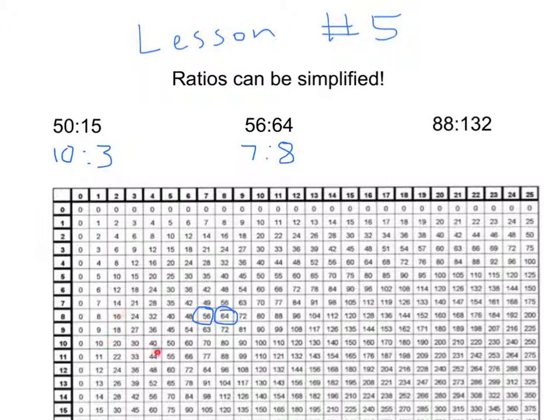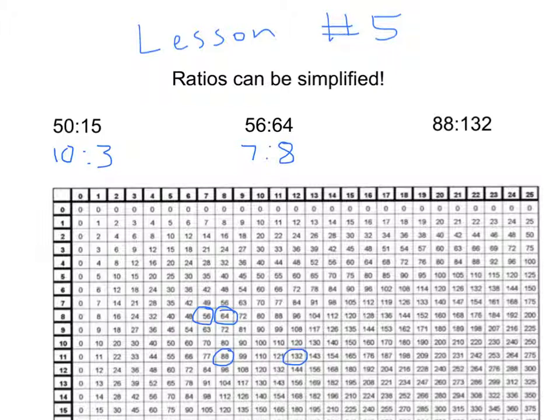So if I keep going down, I can see that there's an 88 here, and if I keep going along the multiples of 11, I can see that there is 132 here. So now we've found our common factor. It's 11. So let's go ahead and circle 88 and 132.